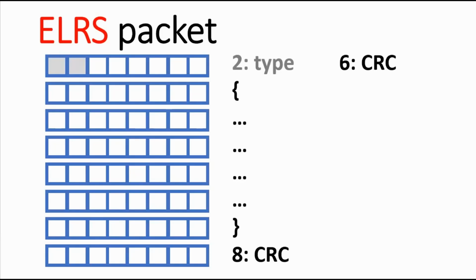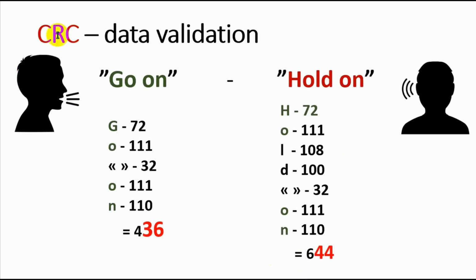And getting back to this, we've got type, 2 bits used to transfer the type of the message, and then CRC. What is CRC? In general, CRC is a control checksum, and it is the mechanism used for validation of your data.